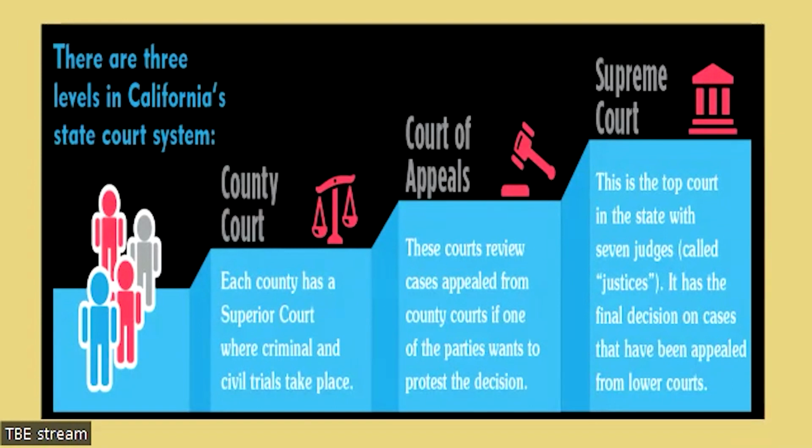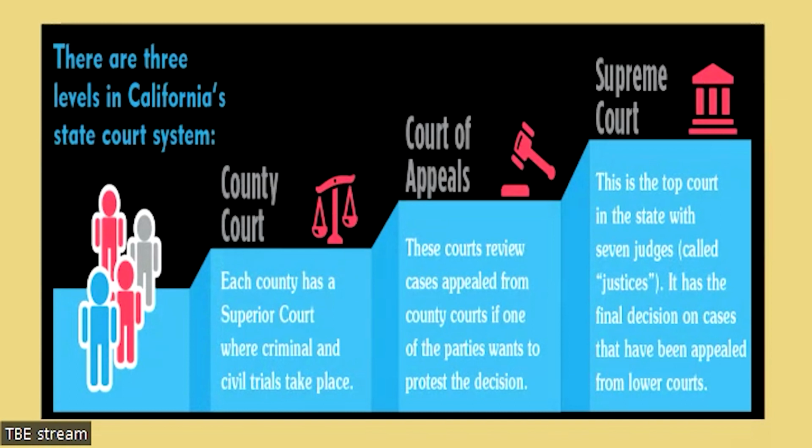Now, next slide. Here we have a little bit of a visual graph of the levels of the California state court system. First we have the county court system, but each county has a superior court where criminal and civil trials take place. And then next we have the Court of Appeals.